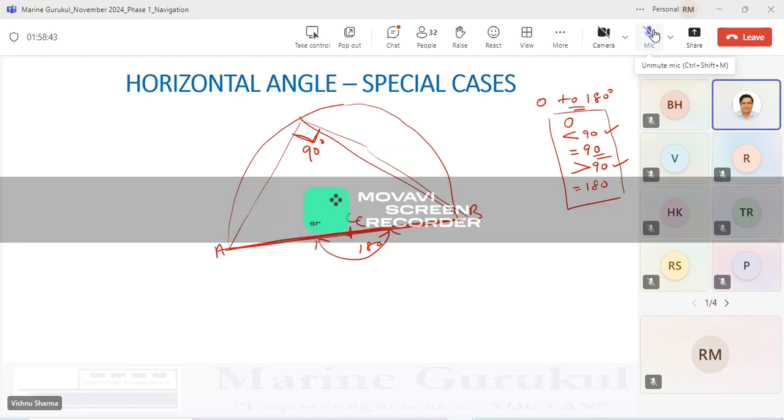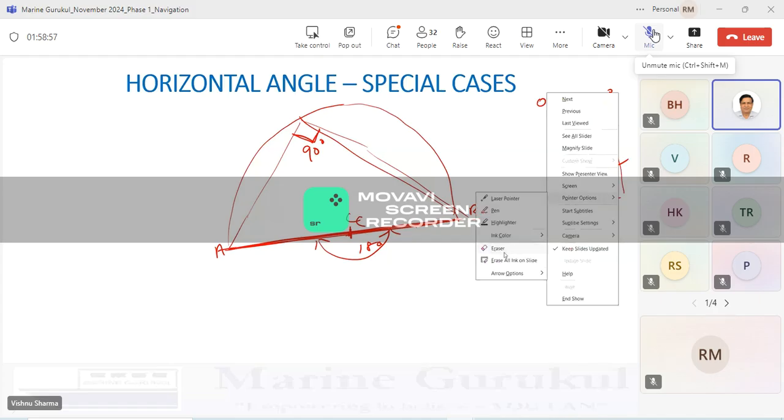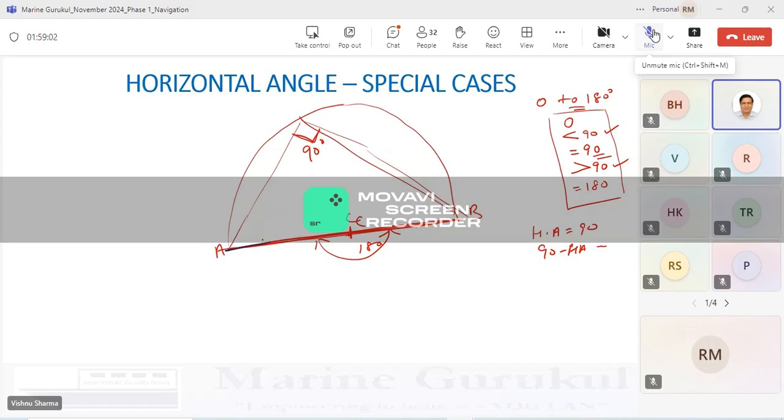So what can you do in that case? Join the baseline. If the horizontal angle is 90, 90 minus horizontal angle will become 0. If I draw a 0 angle at A, and a 0 angle at B, where are these two arrows going to meet?